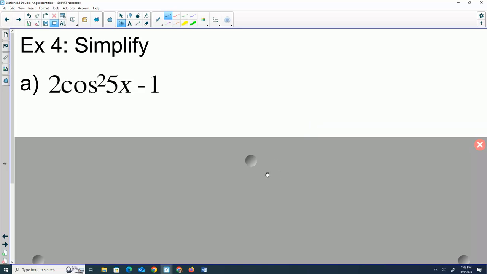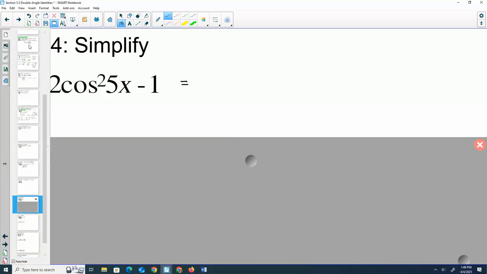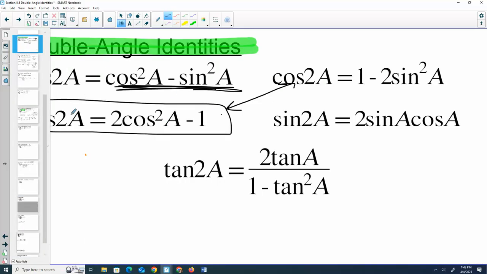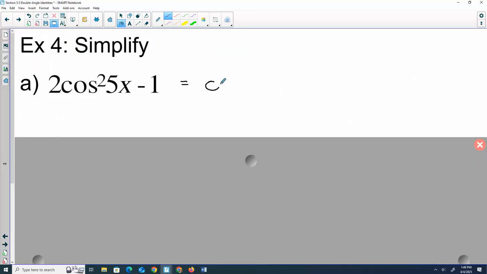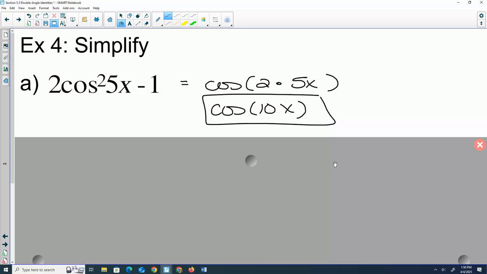Does this remind you of a formula? And that is equal to, so this is cosine of 2 times our angle, which is 5x, and 2 times 5x is 10x. So this is just cosine of 10x. Just trying to get us to recognize our formula there.